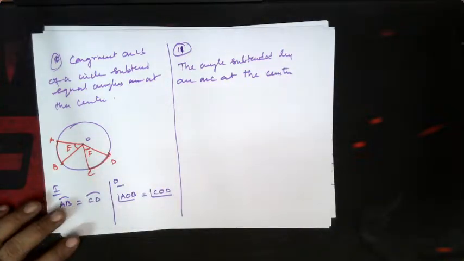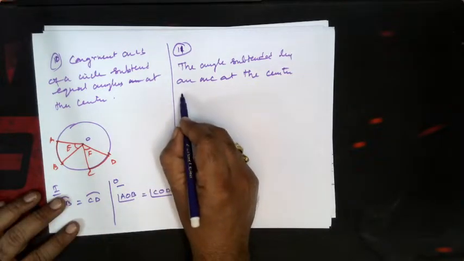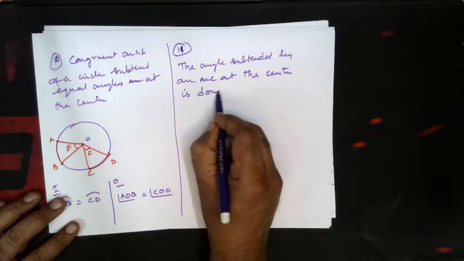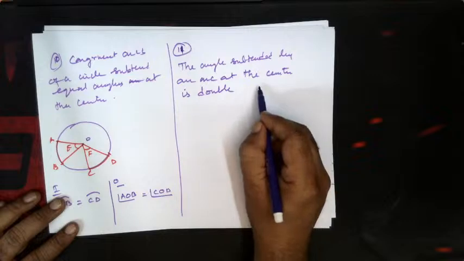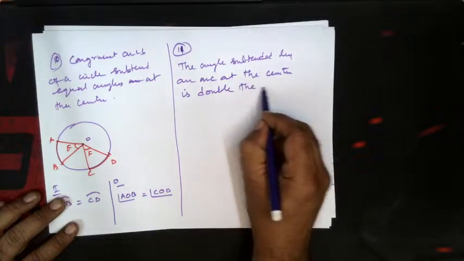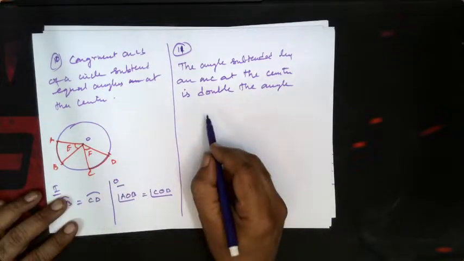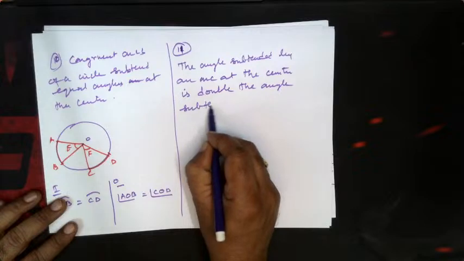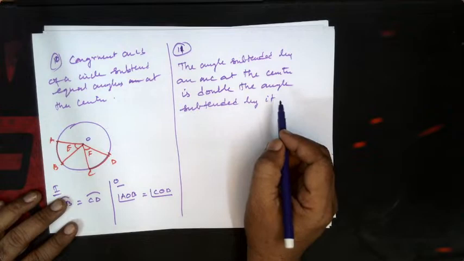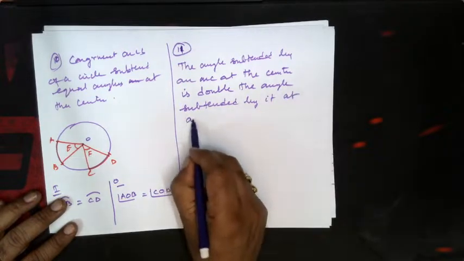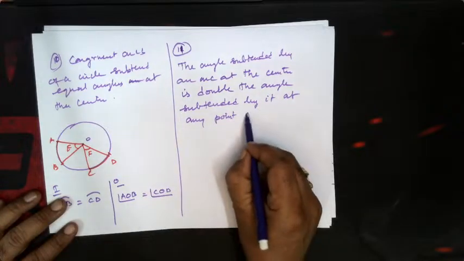The angle subtended by an arc at the center is double the angle subtended by it at any point on the remaining part of the circle.